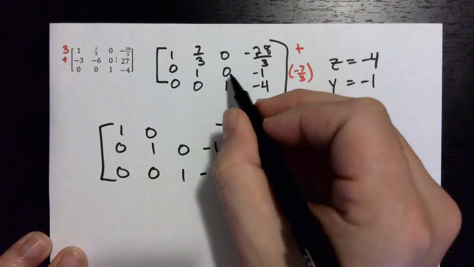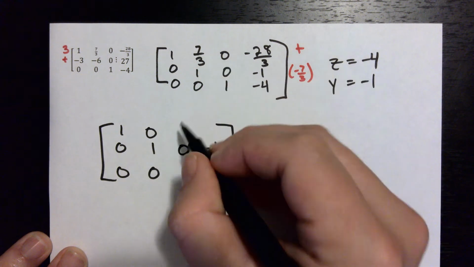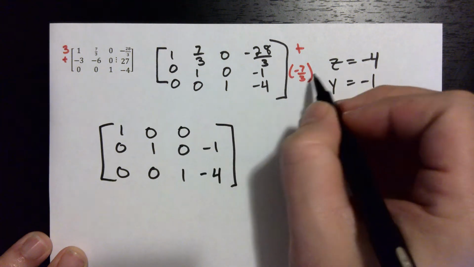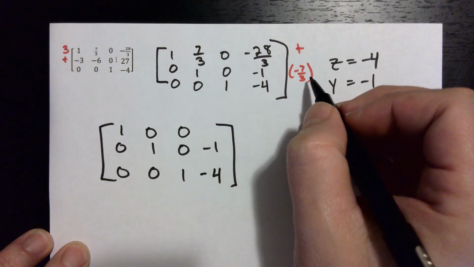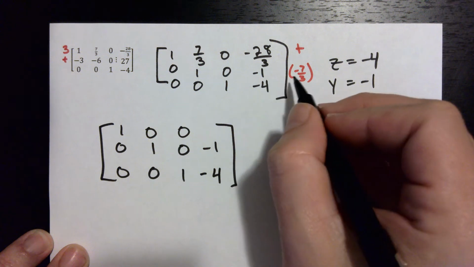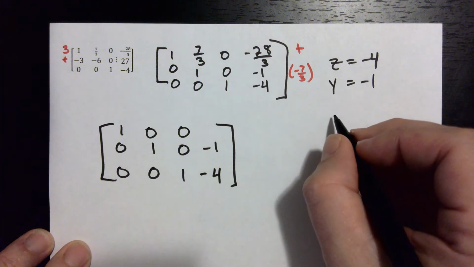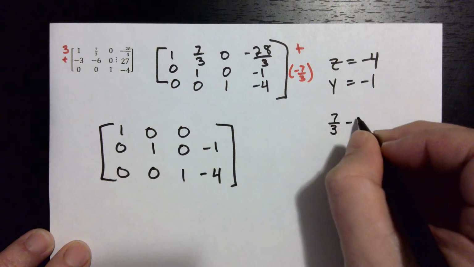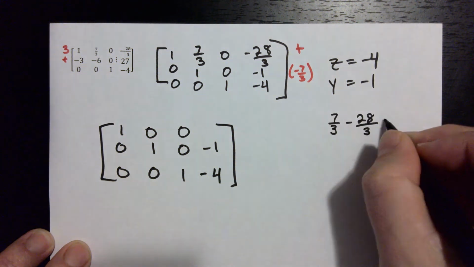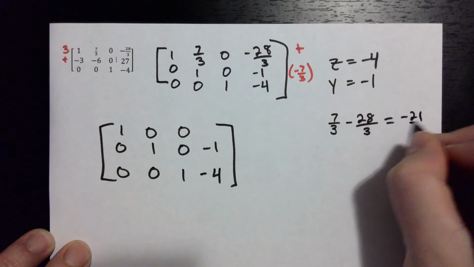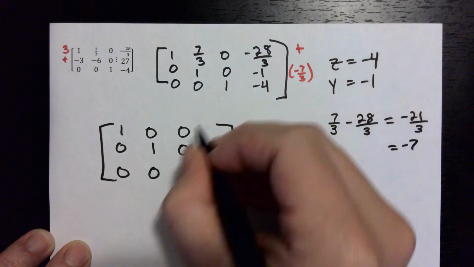Okay. Negative 7 over 3 times 0 is 0. So when we add it here, that doesn't change. And negative 7 over 3 times negative 1 is 7 over 3. That's positive 7 over 3. So you get 7 over 3 minus 28 over 3. 7 minus 28 is negative 21 over 3, which is equal to negative 7.